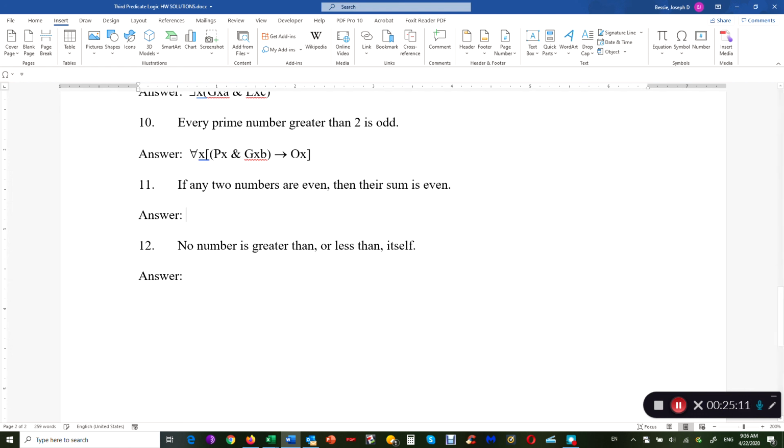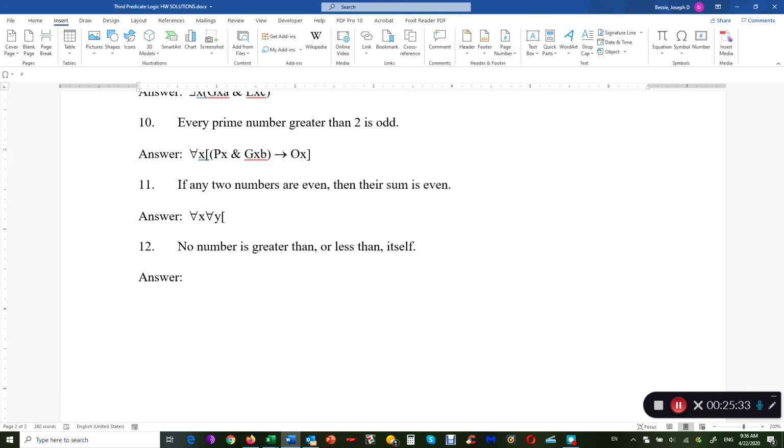Number 11, if any two numbers are even, then their sum is even. So we have two numbers now, two quantifiers. So we're going to have for all x and for all y. If any two numbers are even, then their sum is even.